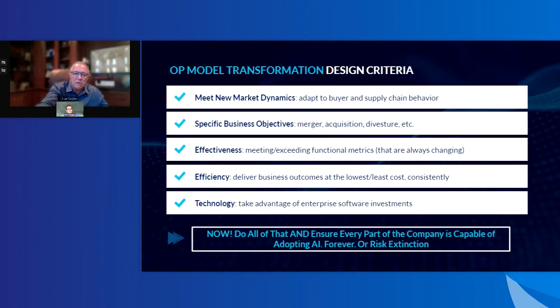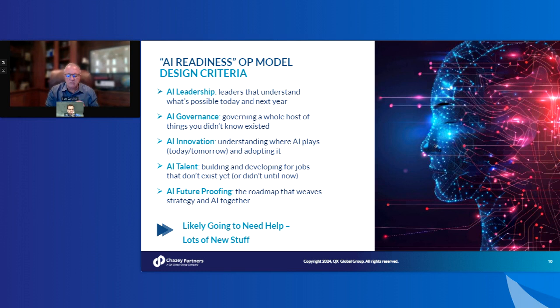If we know specific business objectives are coming up, we'll build flexibility into our operating model to account for them. So future-proofing is an essential ingredient, such that your operating model has more staying power than 3 to 5 years.